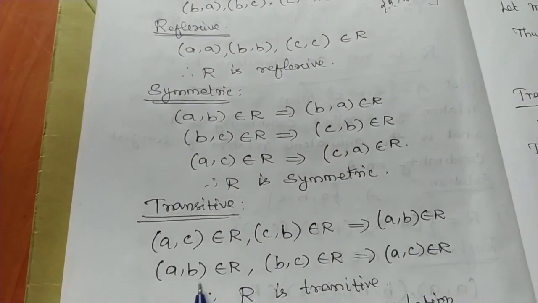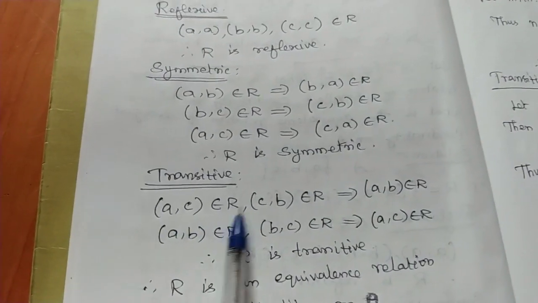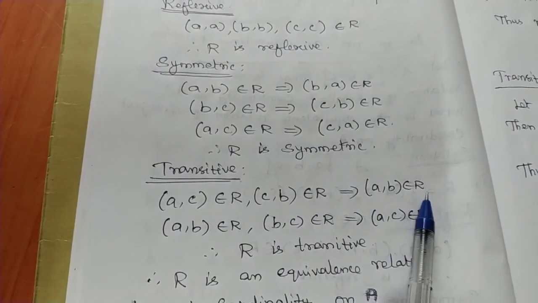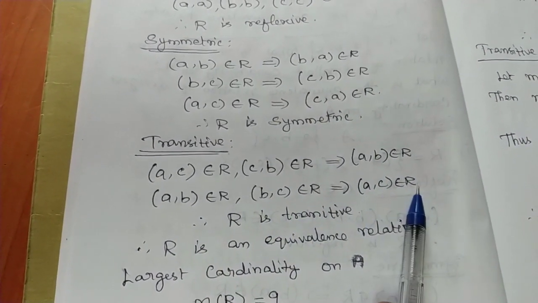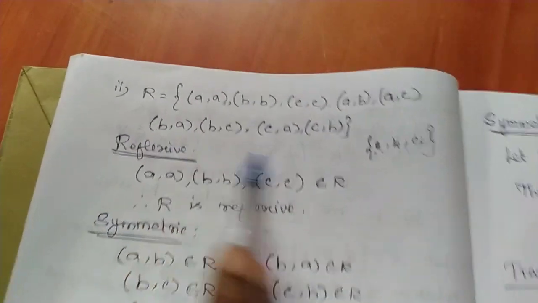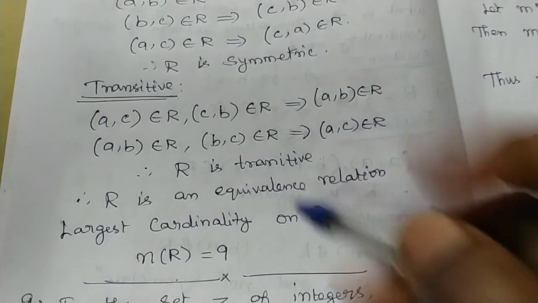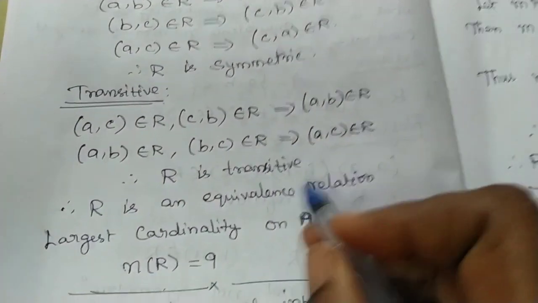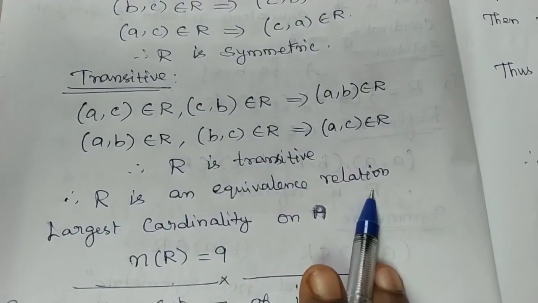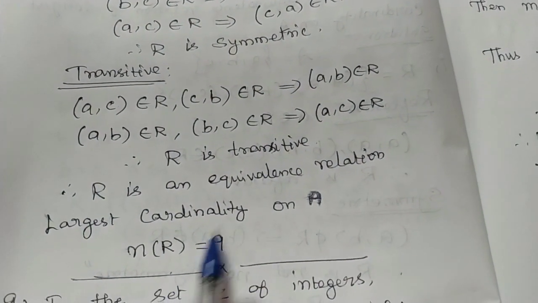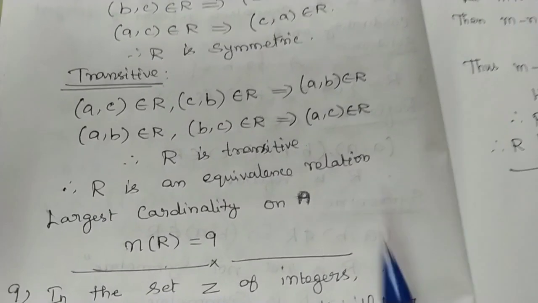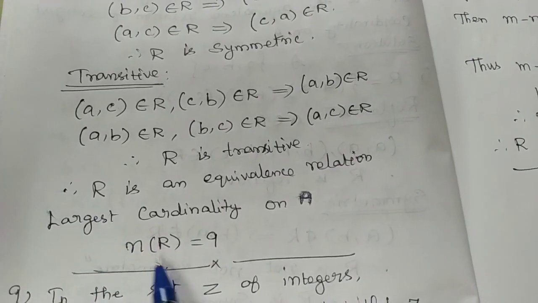And similarly, transitive: (A, C) belongs to R, (C, B) belongs to R, (A, B) also belongs to R. (A, B) belongs to R, (B, C) belongs to R, (A, C) also belongs to R. All pairs in R. Okay, then R is transitive. R is an equivalence relation. Our largest cardinality on A is n of R equal to 9.